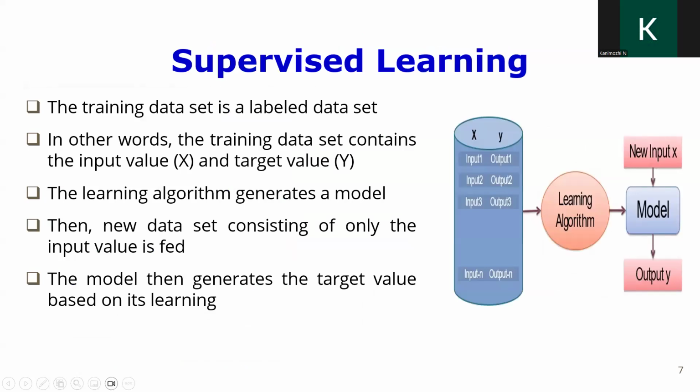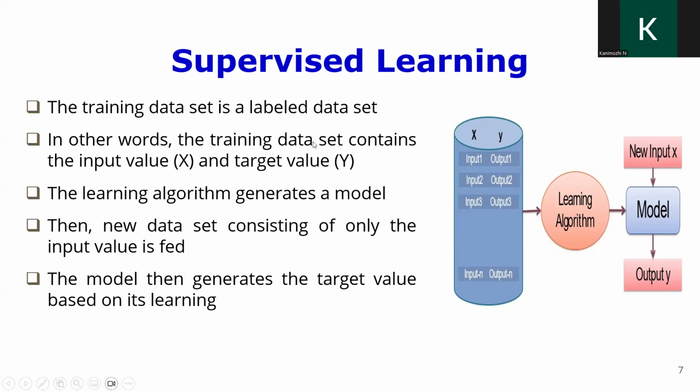This slide explains how the supervised learning model works. It starts with a labeled data set, and that means each input must have a correct answer. For example, if you are training a model to recognize animal images, the input might be a picture and the label would say whether it is a cat or dog.